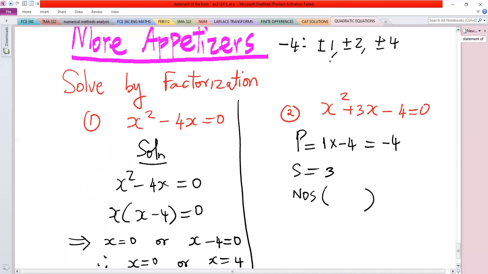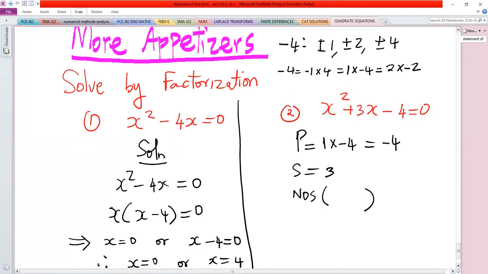And then take pairs which give you a product of minus 4. So minus 4 can be given by minus 1 times 4, or 1 times minus 4, or 2 times minus 2.